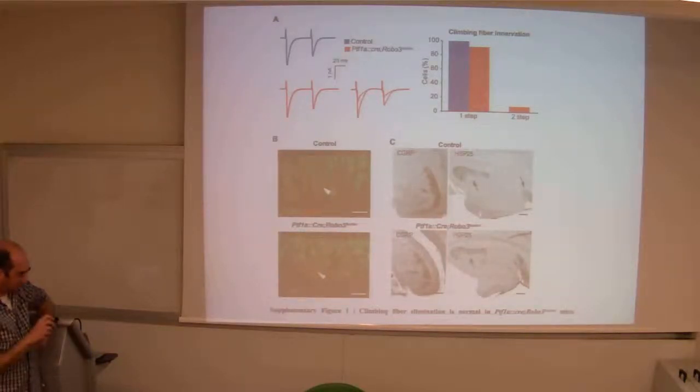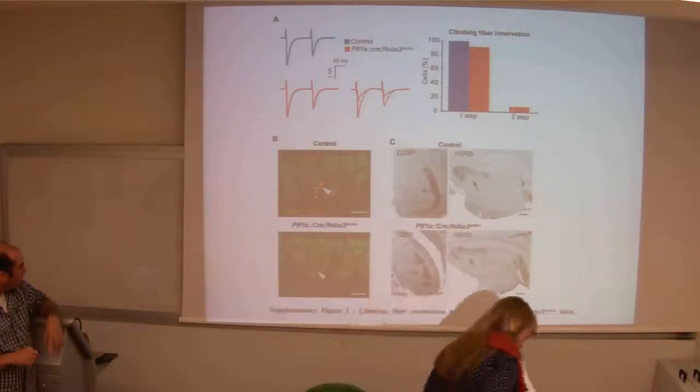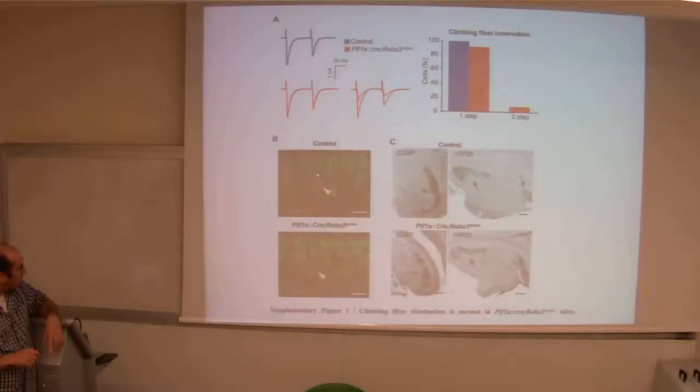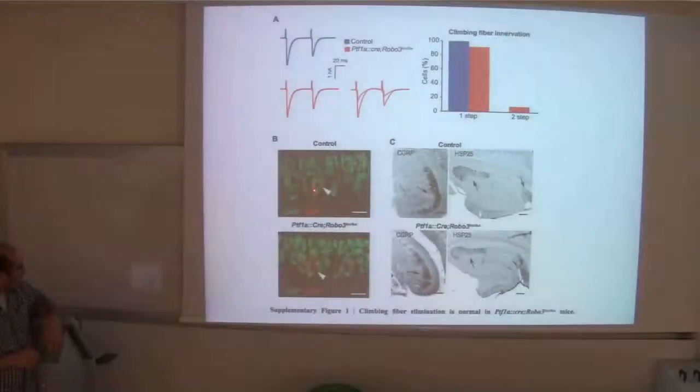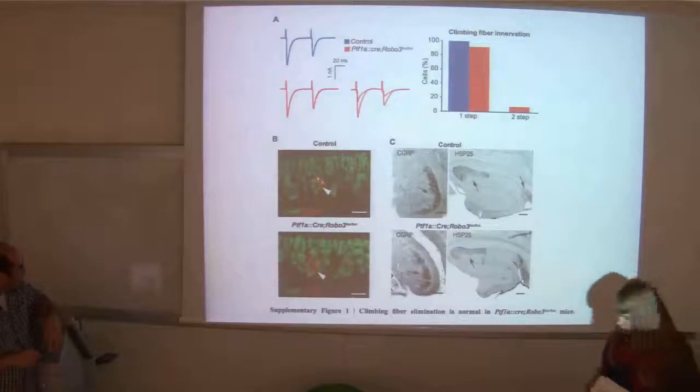I put this one because it's important, because it touches upon something that we haven't talked about at all when we talked about the cerebellum in general. What you see here is a Purkinje cell, right? The green one is a Purkinje cell, and the red one is a climbing fiber, making the boutons on the Purkinje cell.